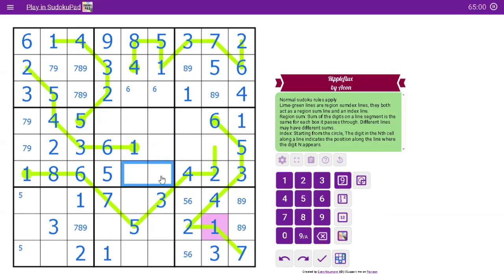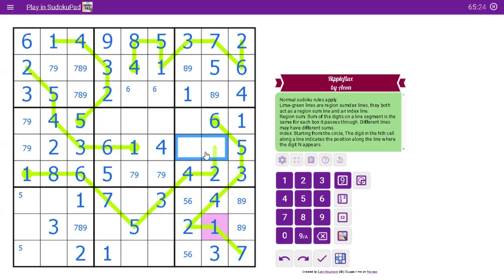1, 2, 3, 4, 5, 6, 7, 9. Now we'll just clean this guy up using normal Sudoku techniques. I know, right? We're doing Sudoku in a Sudoku puzzle? What the heck? Why? Anyway. Oh, man. 1, 2, 3, 4, 5.